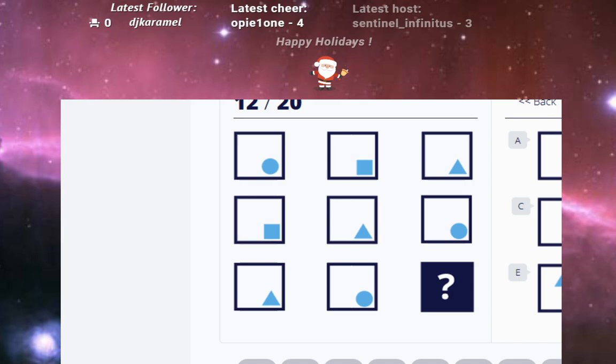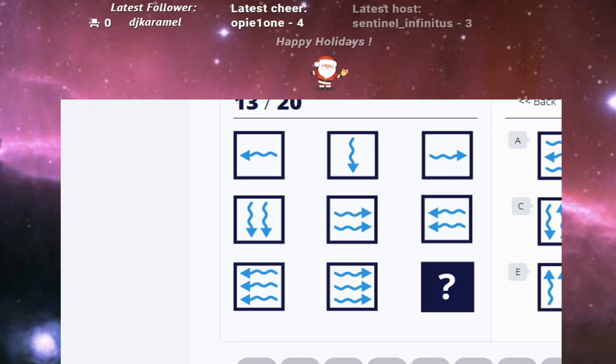Square, circle, it's got to be this one. Single wavies, double wavies, triple wavies. It's a triple. That one's apart. Those are facing each other. That must be down.